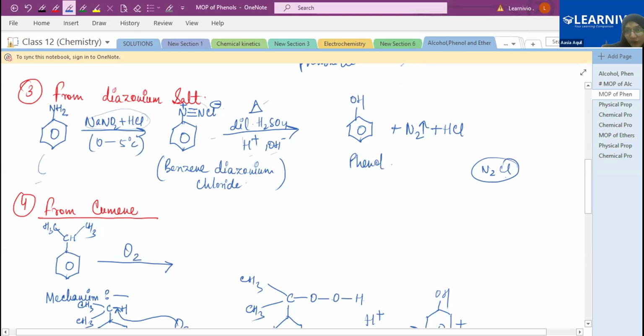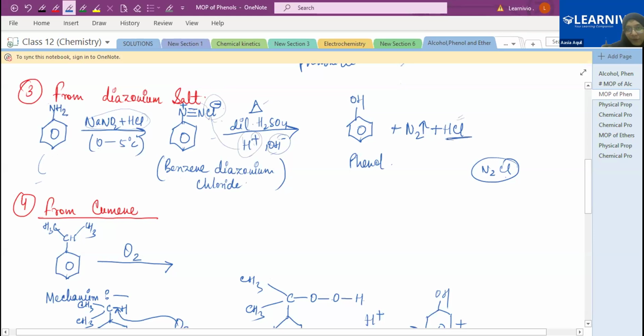This N2 group is a good leaving group, so it just leaves the benzene ring, and this OH will be attached over here. Here, this H plus will combine with the chlorine, and HCl will be formed.